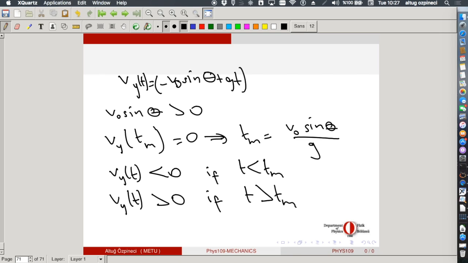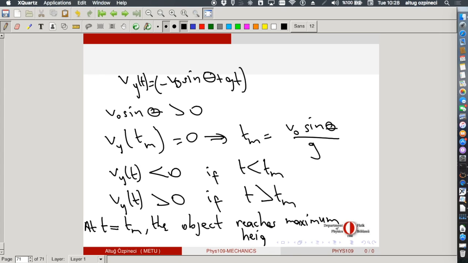So at Tm, it reaches the maximum height, because until that time it was moving upward, after that time it is moving downward, so that is the maximum point.